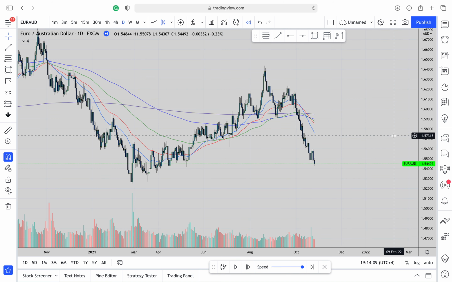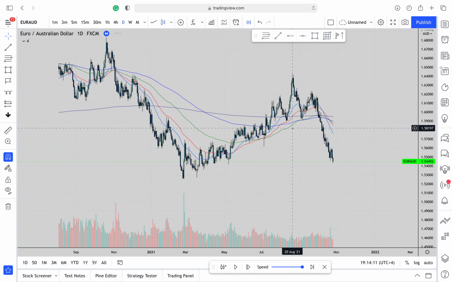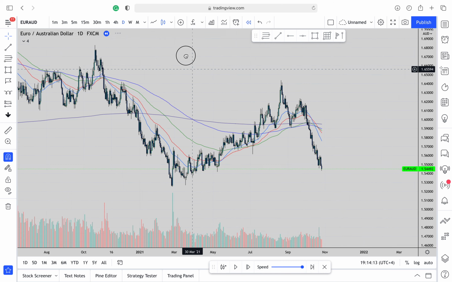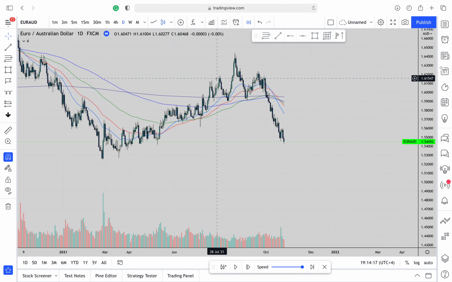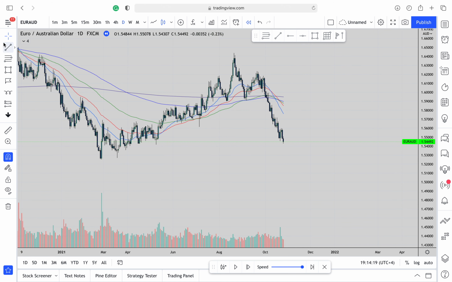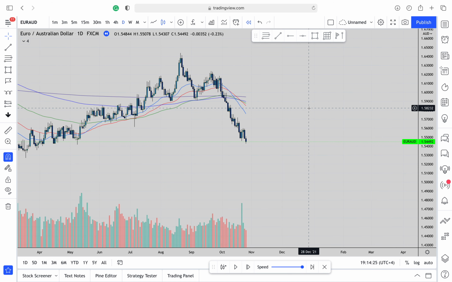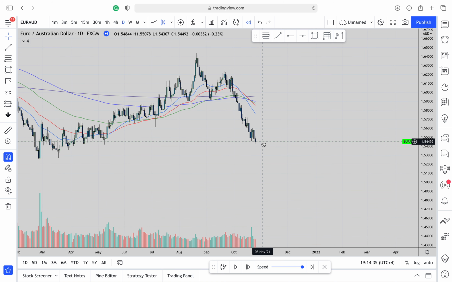So first of all, what you need to do is see if the pair is bearish or bullish on the bigger time frame. So Euro AUD, because we know that AUD has been very strong these past weeks, it's very bearish, and we took out this daily low over here. So now you're waiting for a pullback because any buy is going to be risky on this pair.